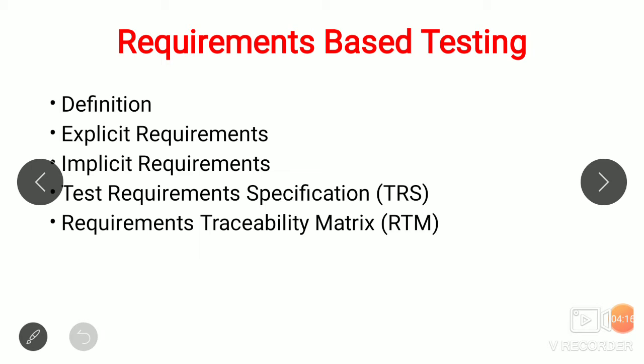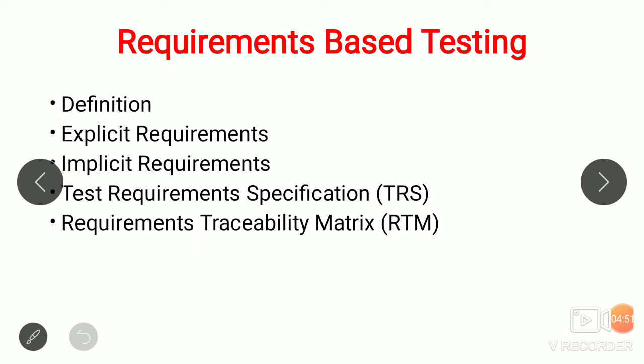Now we will see what is meant by requirement traceability matrix. Here all the requirements, that is explicit requirements as well as implicit requirements, are tracked by a requirement traceability matrix. This is called the RTM. And RTM traces all the requirements from their genesis through design, development and testing.